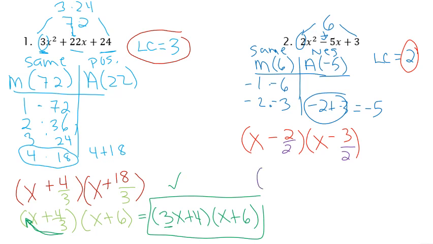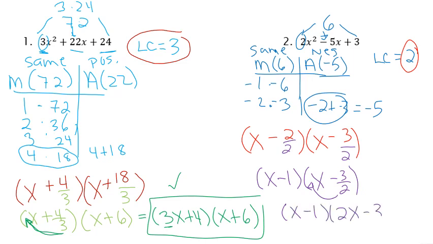So I have here x minus 2 over 2 is 1. This is x minus 3 halves. And since I don't want to leave a fraction there, I'm going to move this 2 out of the denominator. And then I'm going to get 2x minus 3. And this would be my final factored answer.